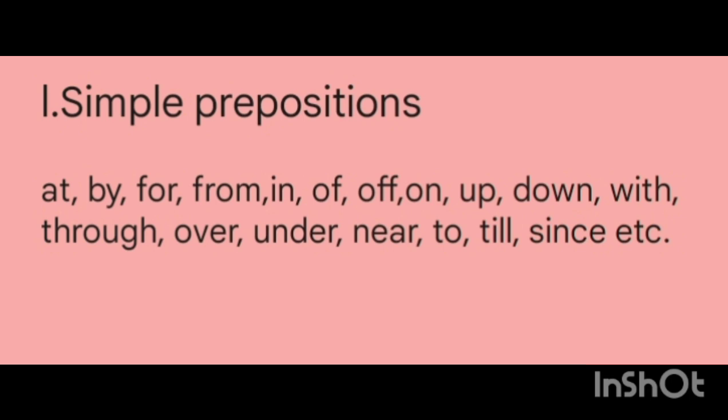These prepositions are short words with an independent form. They have not been derived from any other words. Some examples of simple prepositions are at, by, for, from, in, of, on, up, down, with, through, over, under, near, to, till, since, etc.